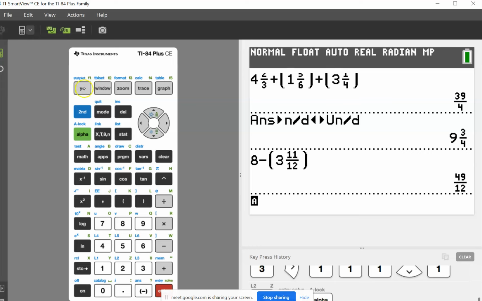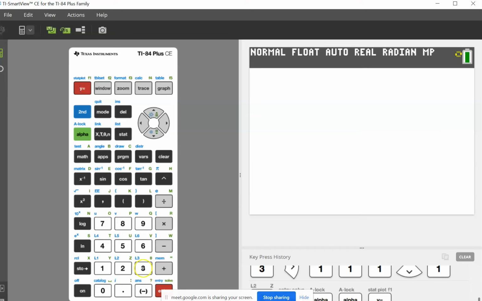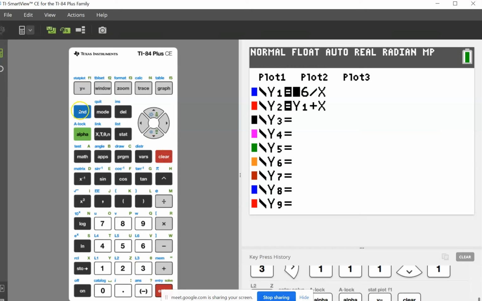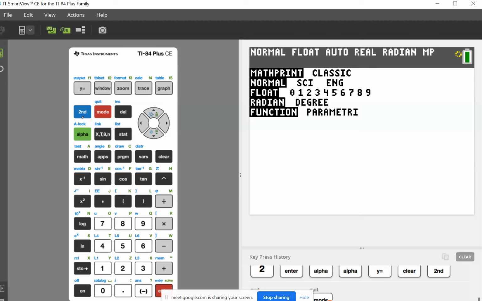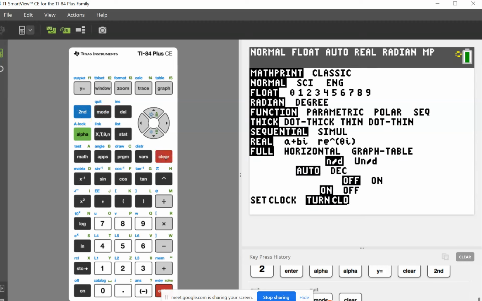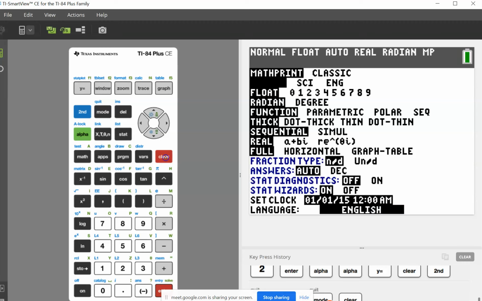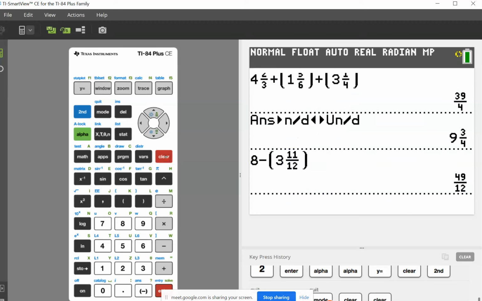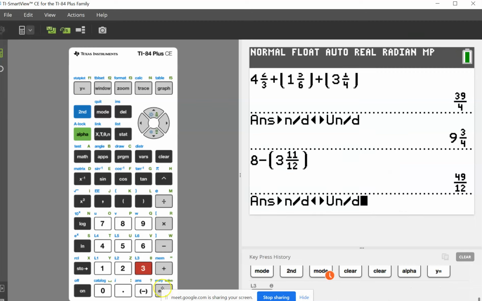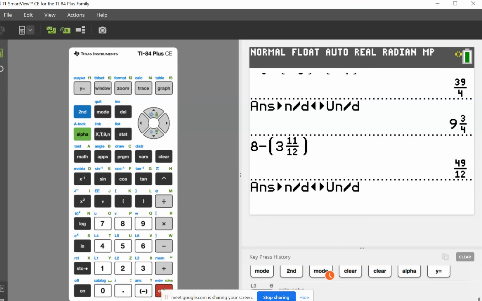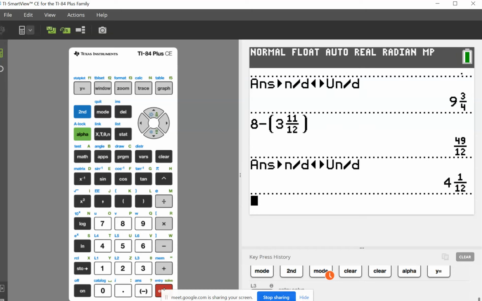We do our alpha y equals number 3 to convert. Hang on, it switched me to the other screen. Okay, one more time. I think my calculator has a mind of its own right now. Okay, let's try again. Alpha y equals, there we go, number 3. And it will simplify to 4 and 1/12.